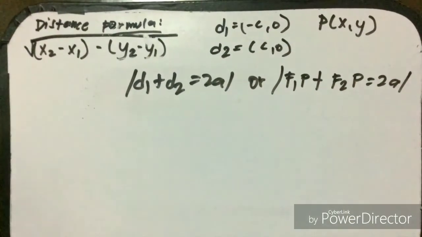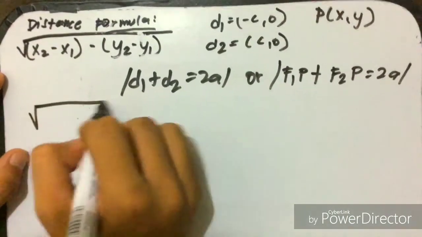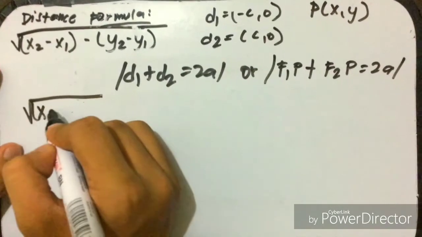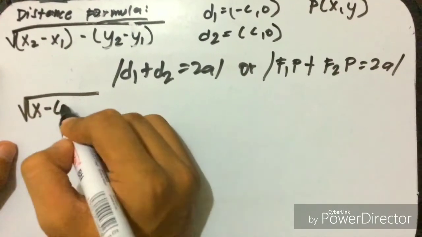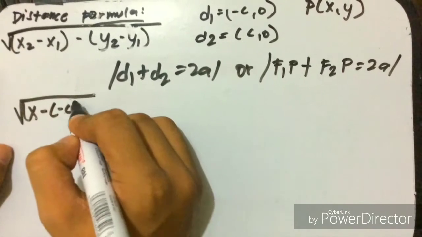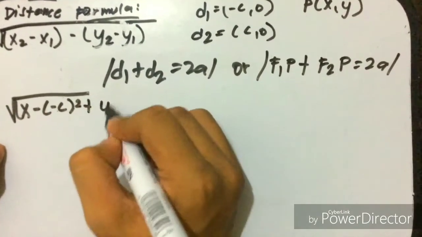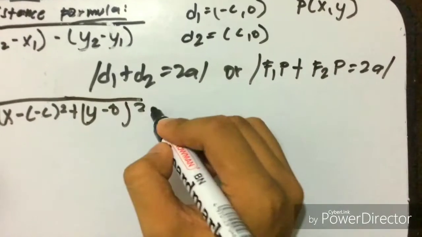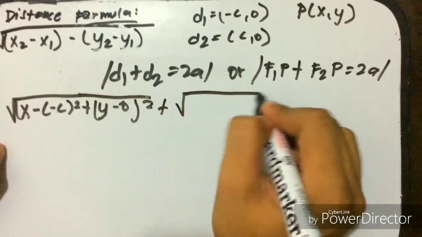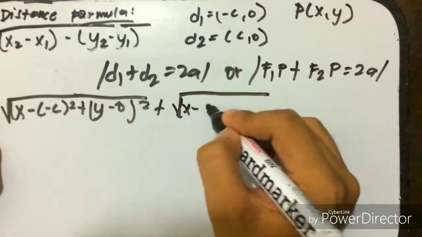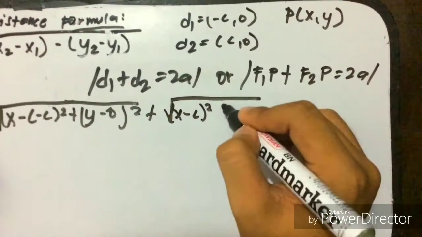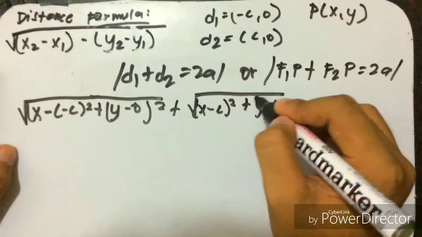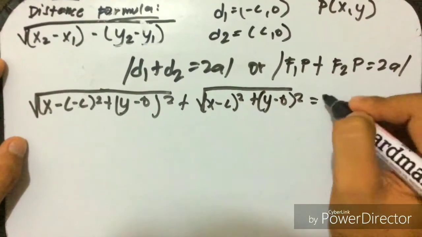Applying the distance formula: the square root of (x minus negative c) squared plus (y minus 0) squared, plus another distance formula, the square root of (x minus c) squared plus (y minus 0) squared, equals 2a.